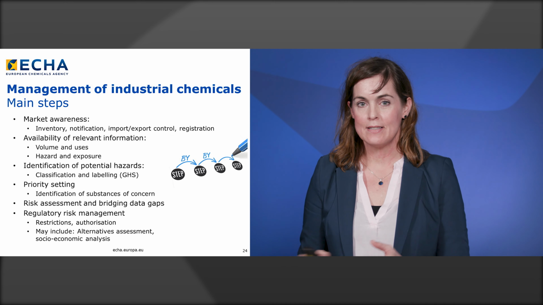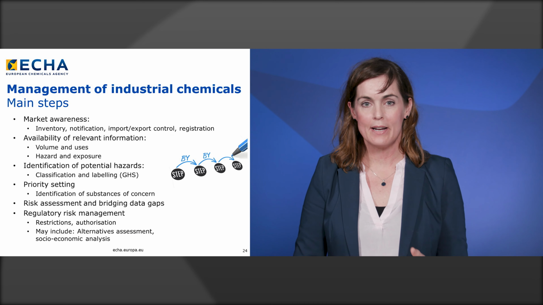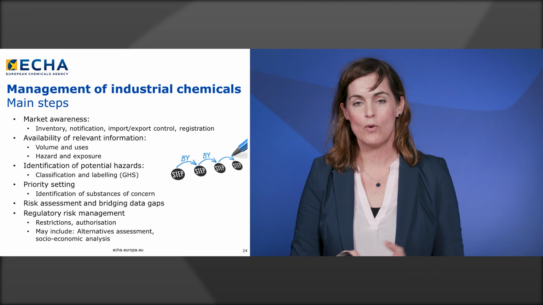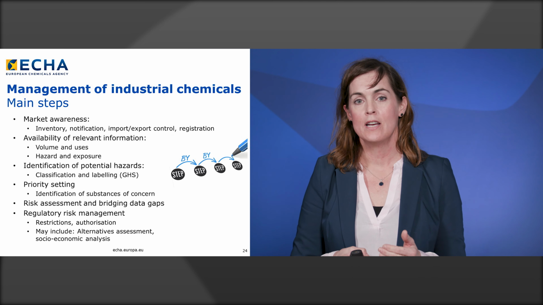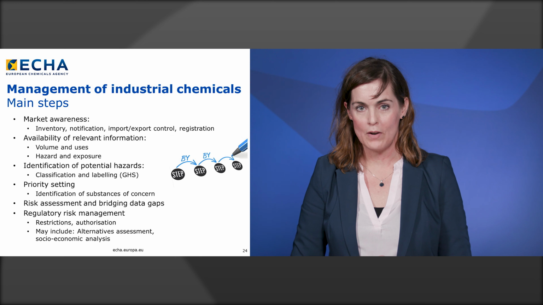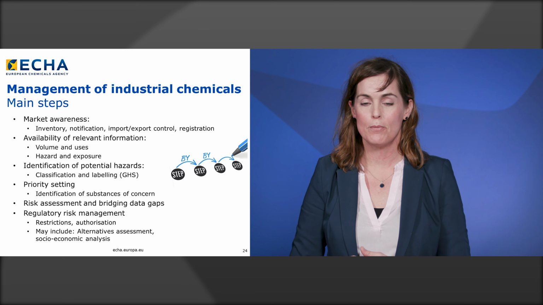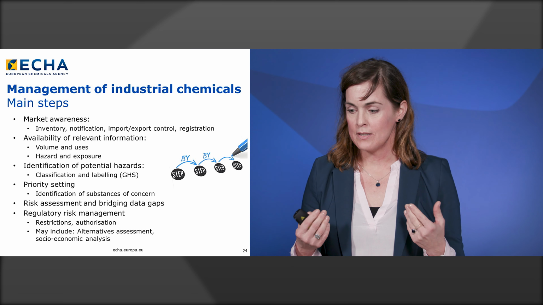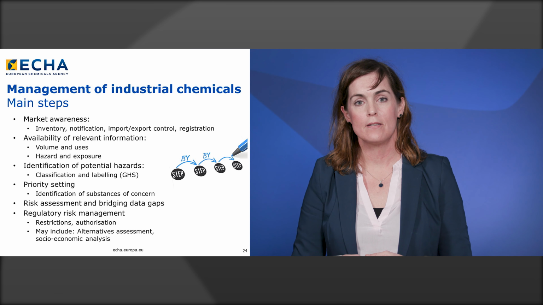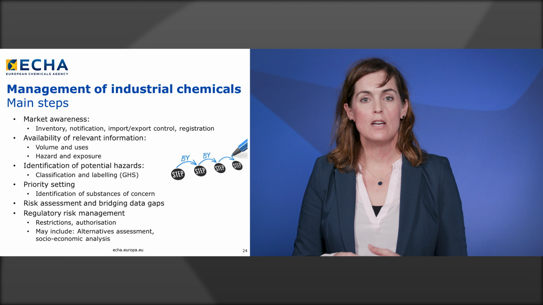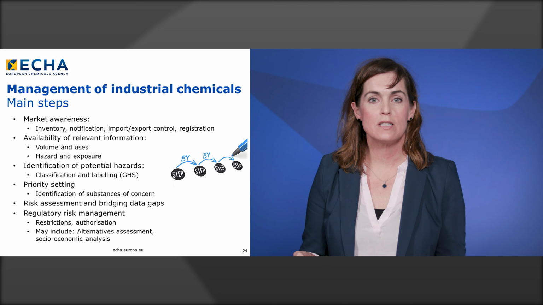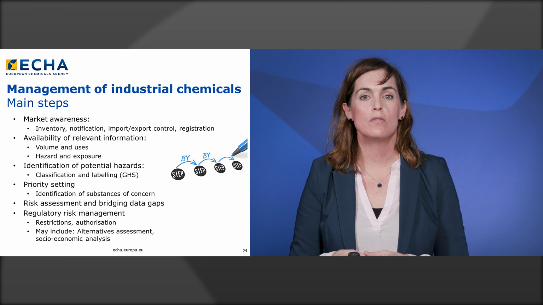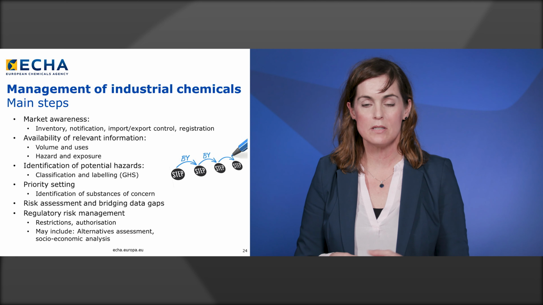Before I go into today's legislation, I want to take a step back and talk a little bit more about these elements that are part of any chemical legal framework that you develop or may develop. What you normally start with is a market awareness. So you want to understand what chemicals you have on your market. You do that through an inventory of some sort, through notification schemes where industry are asked to notify certain volumes and substances.